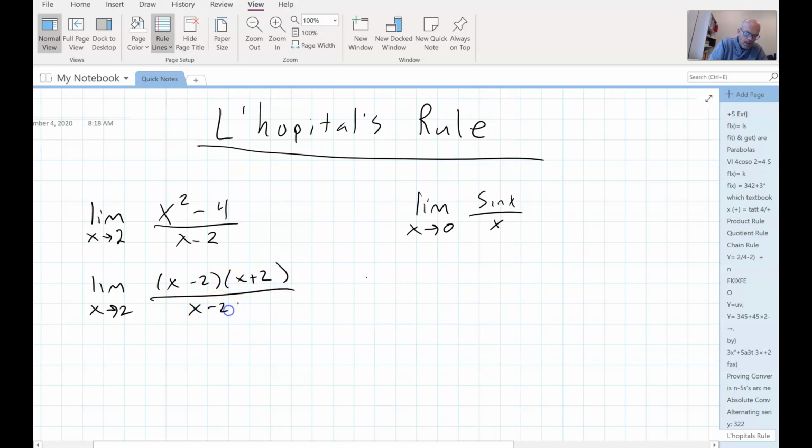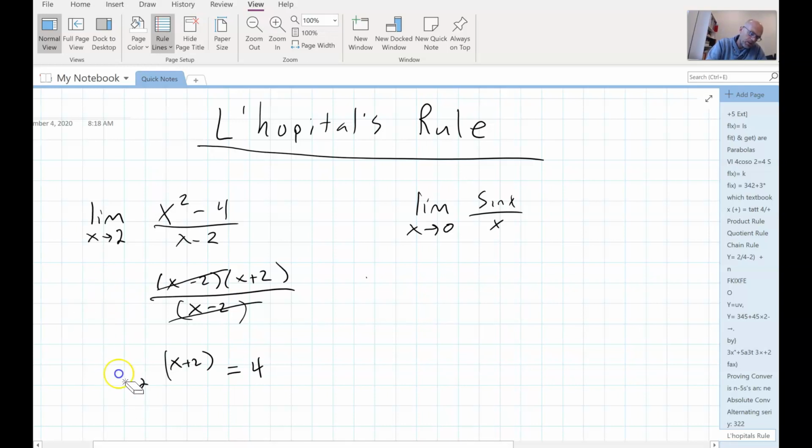And we noticed that we could cancel the x minus 2 out, because as x approaches 2, this would not be 0 over 0. It would be some other number, which equals 1. So we end up with the limit as x approaches 2 of x plus 2. And now when we evaluate that, we can clearly see that as x approaches 2, this value approaches 4. So that's a way to do it algebraically.